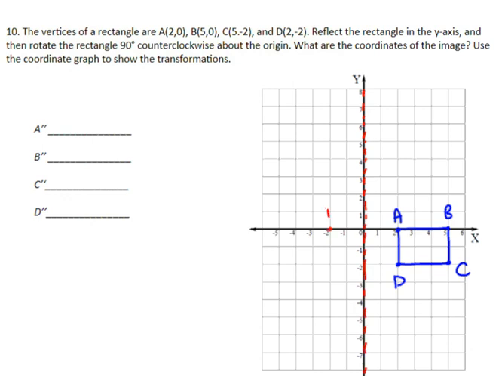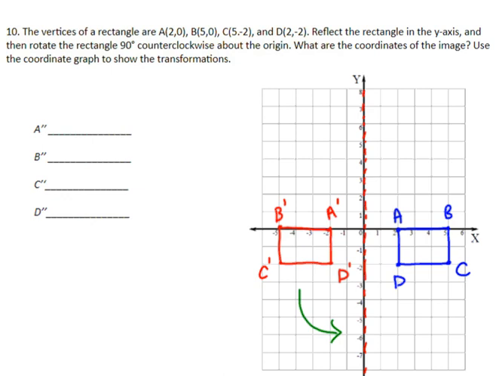So I'm going to have A prime, B prime, C prime, and D prime. So that was just a reflection over the y-axis. And then next I'm going to rotate the rectangle 90 degrees counterclockwise. So that means I'm going to go this way around the origin.